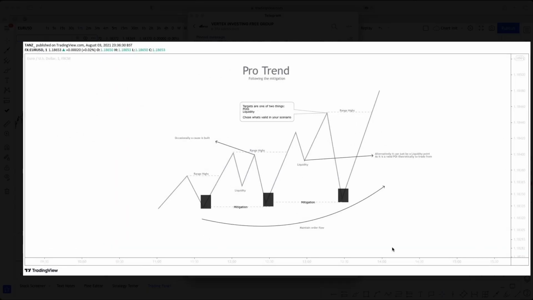Now, what we're trying to understand here is choosing your POIs, okay? Because when you get situations like this, for example, when you get the break of the range, this is therefore a valid OB.